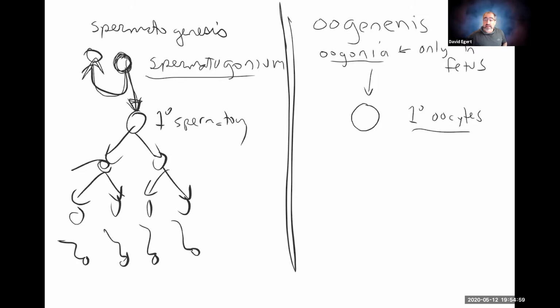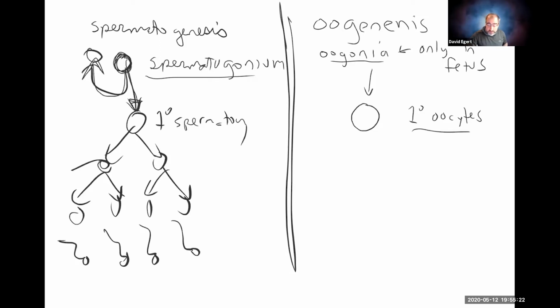Because the egg has to have all of the nutrients and organelles to provide for the developing pre-embryo for the first week of life, it's a really big cell. I mentioned the egg is visible to the naked eye even.